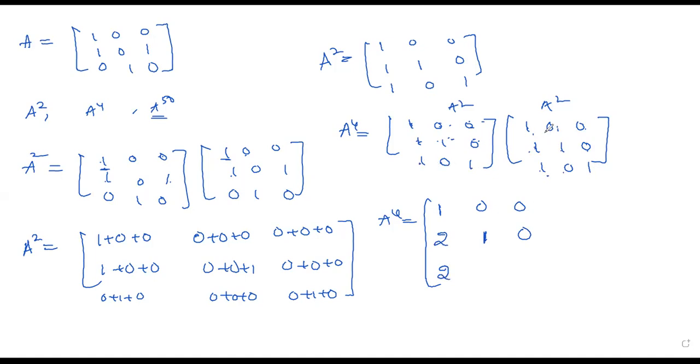So we get 1 0 0, 2 1 0, 2 0 1. So A power 4 gives 2 here. That means A power 50 will give 25 and 25. Only these two elements are varying. So our option is 25 25, which is the option we have to take.